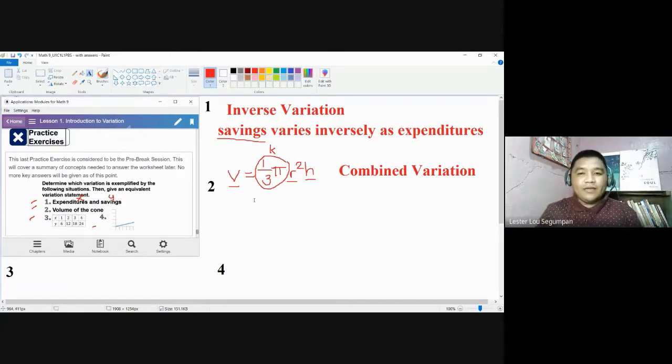Now for combined variation, unlike inverse, direct square, and direct variation, it's up to us to discuss and decide the type of variation the variable represents.